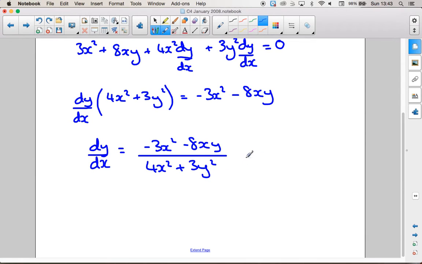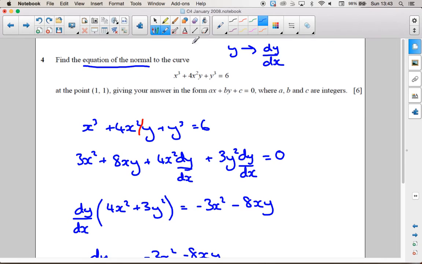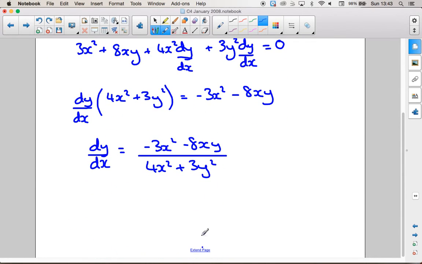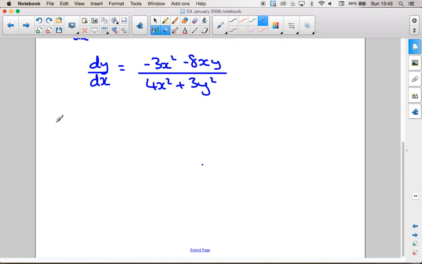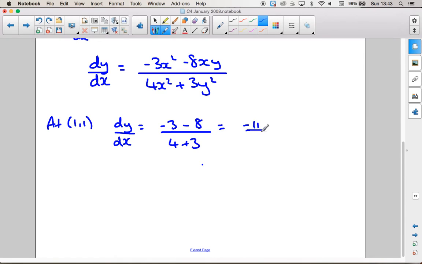So that's what we get when we differentiate. The question actually wants us to find the equation of the normal at the point 1, 1. So if we find the gradient of the tangent at 1, 1 by substituting 1, 1 into here, that will be minus 3 minus 8 over 4 plus 3, which is minus 11 over 7.